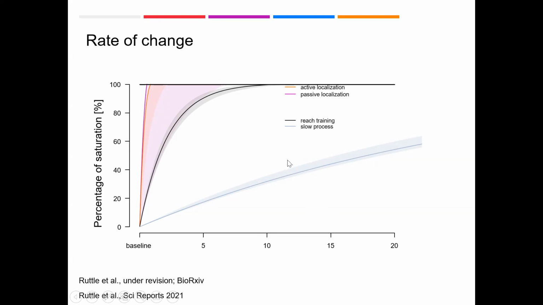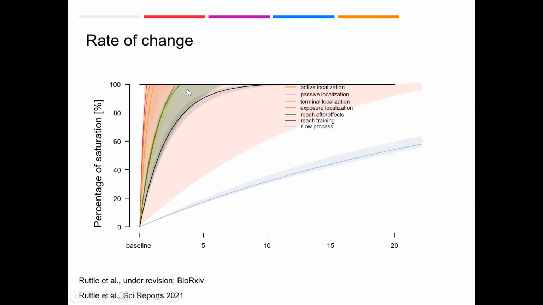Okay, and here I'm showing you the changes in passive hand localization when training with a terminal cursor. You can see it takes a little longer. It takes 3 trials, and some people take as many as 5 trials to saturate. And here I'm going to show exposure, again, super immediate. And the last one, the reach aftereffect, shown here in the green. And again, it's taking only 3 trials to saturate.